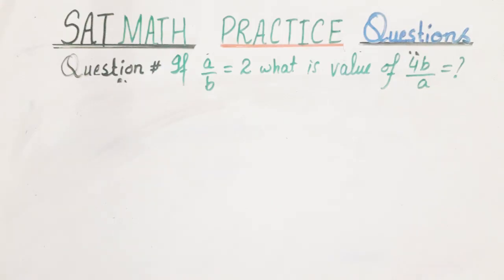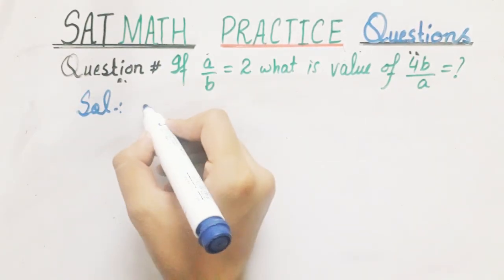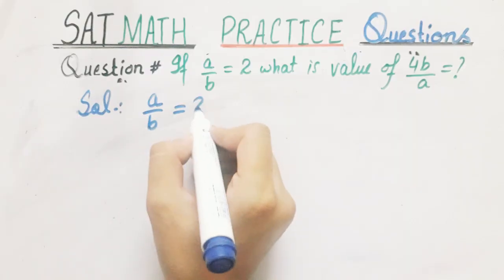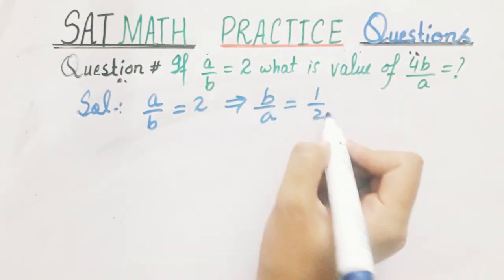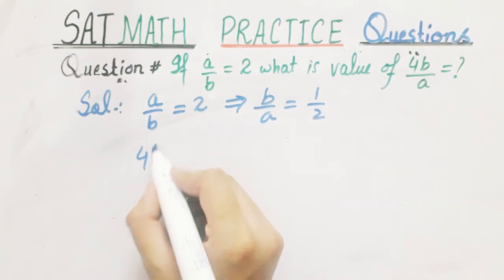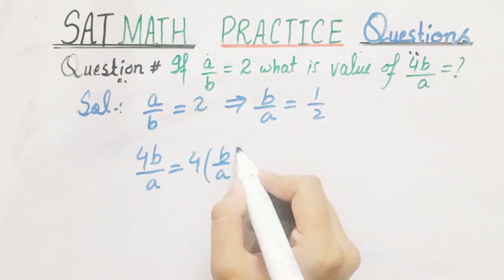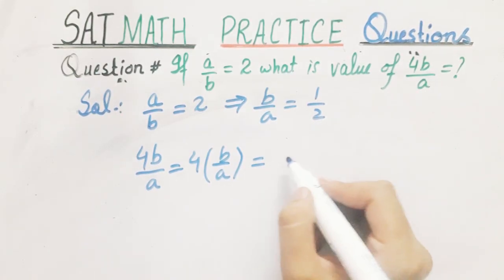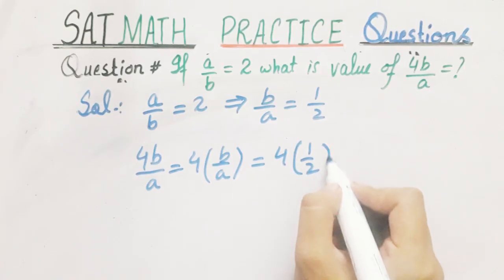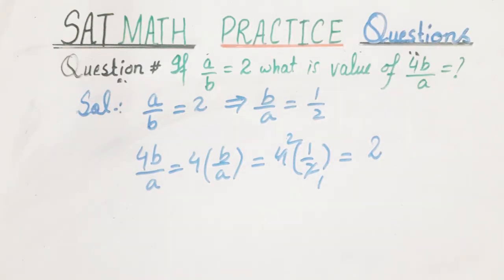So we will solve this question as follows: we have a by b equals 2, which implies that b by a equals 1 over 2, and we have to find the value of 4b by a. It means take 4 as common and we have b by a. Now we know that b by a equals half, so substitute this value. So it will become 2. So 2 will be the right answer.